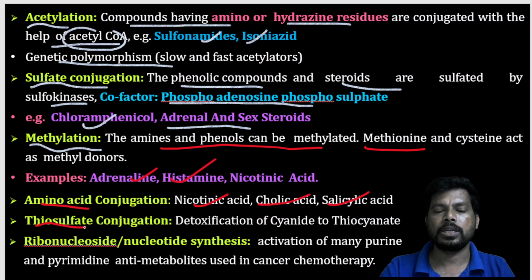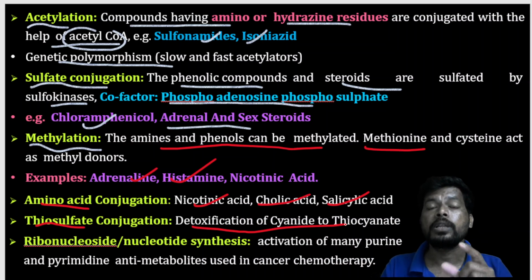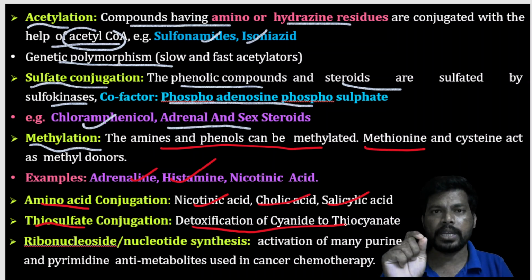Next, thiosulfate conjugation. This involves detoxification of cyanide to thiocyanate. Cyanide is a toxic, lipophilic molecule. The toxic lipophilic cyanide converts to non-toxic hydrophilic thiocyanate with the help of thiosulfate conjugation. The enzyme is rhodanese.